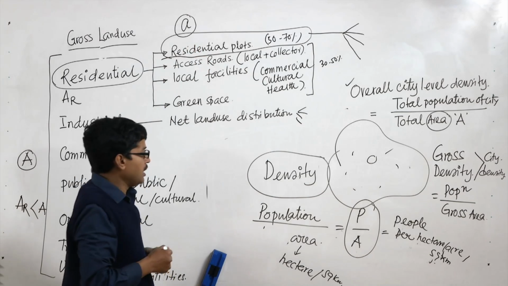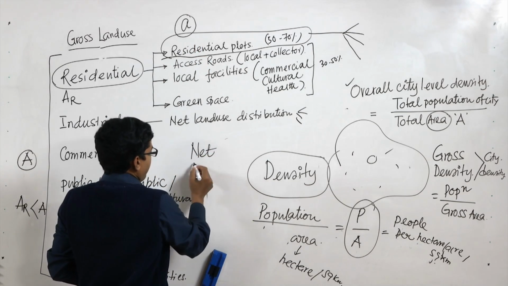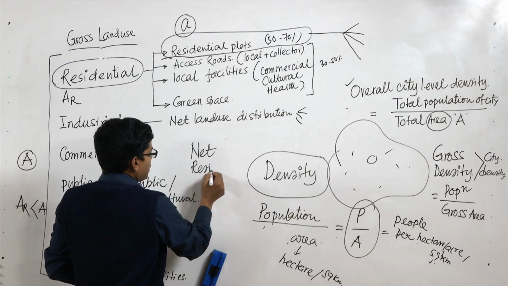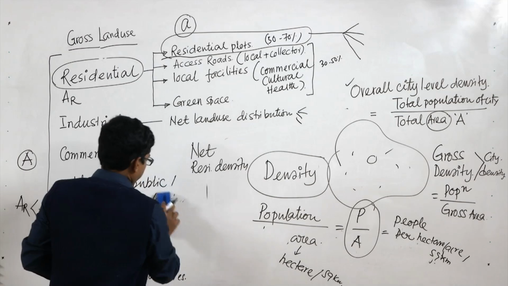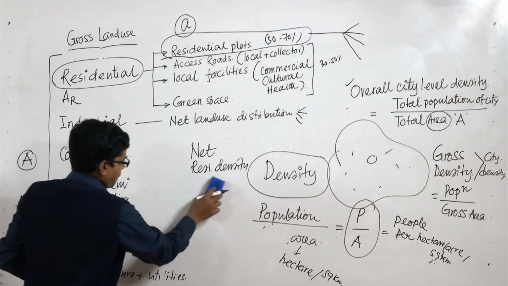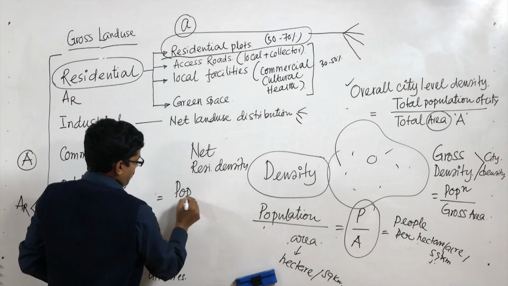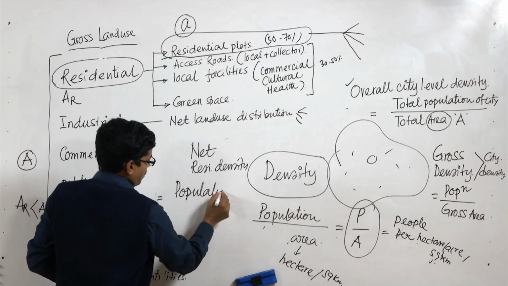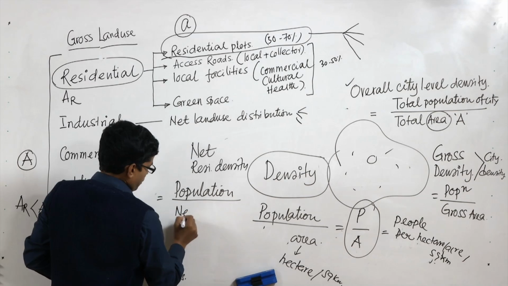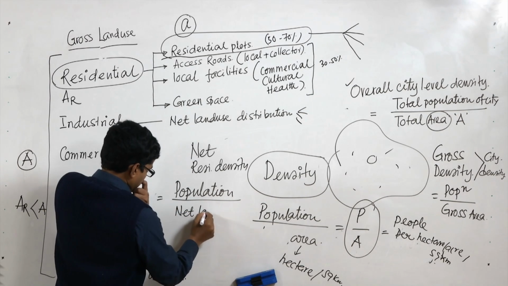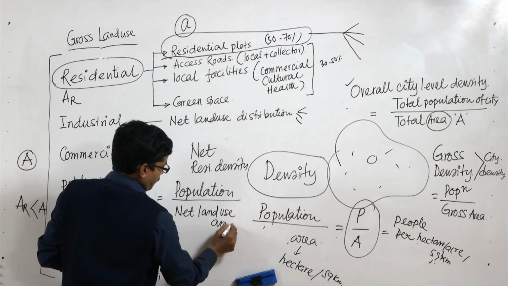So net residential density is population divided by net land use area.